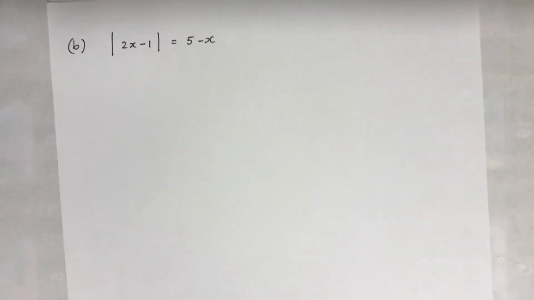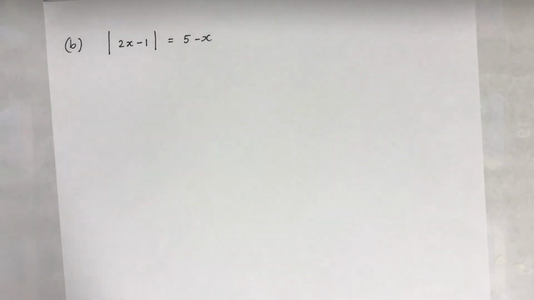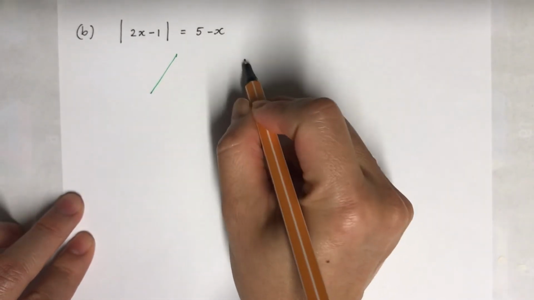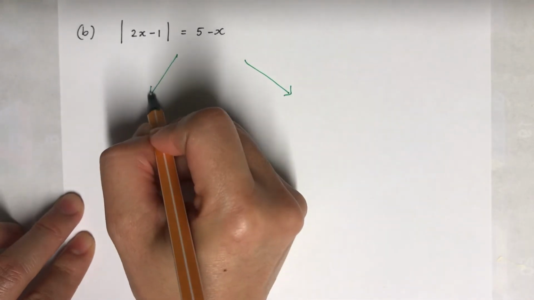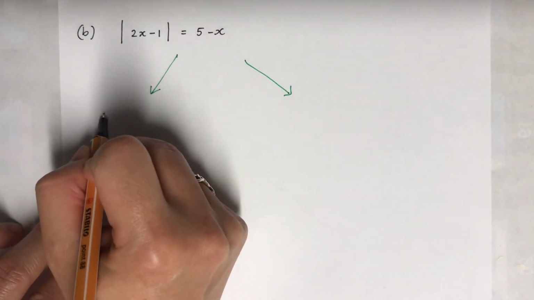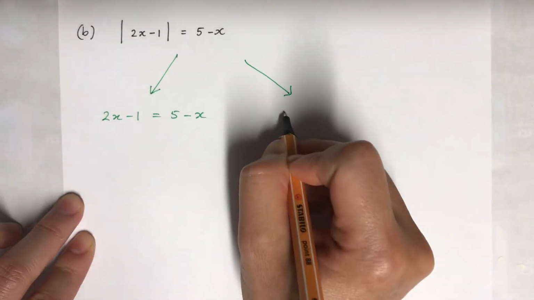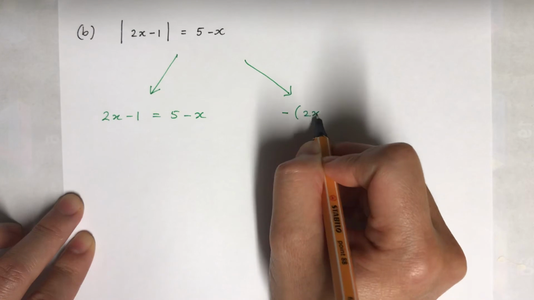Next one. Okay, this is not too bad. We just have to think about two ways, isn't it? One with 2x minus 1 being positive, and the other is when it's negative.